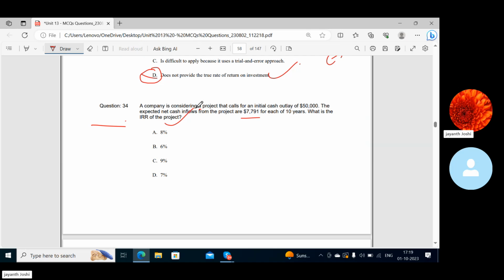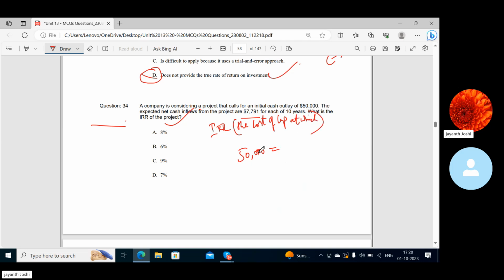So I will tell you how to go about that IRR calculation very simply. See, how much is the investment? 50,000. What is the IRR concept? IRR is nothing but the cost of capital at which NPV is equal to 0.